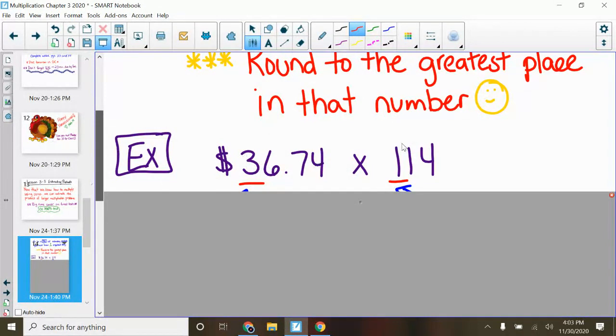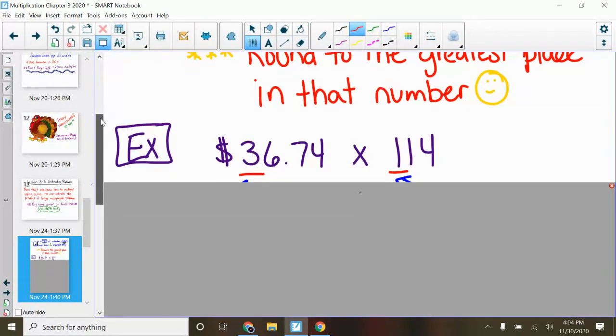In the number 114, the digit in the greatest place is this 1, because it's sitting in the hundreds place. And we know that the hundreds place is bigger than the tens place, and the tens place is bigger than the ones place. So the greatest place is the digit all the way to the left. In this example it's our 1, and over here it's our 3. So we're going to round each of those numbers to that place.